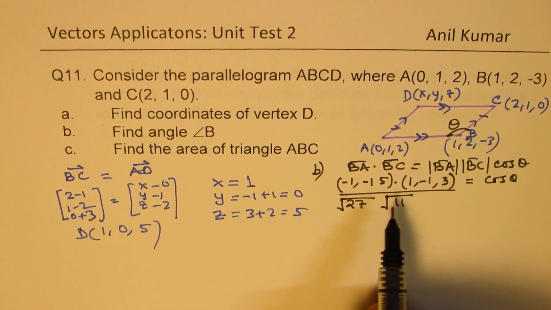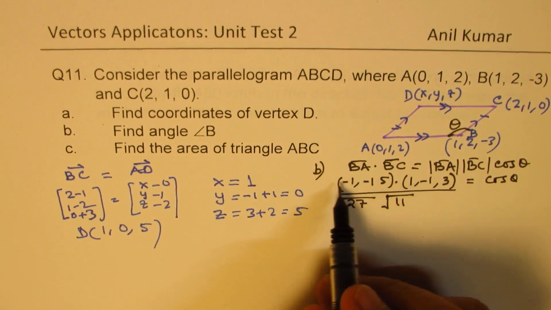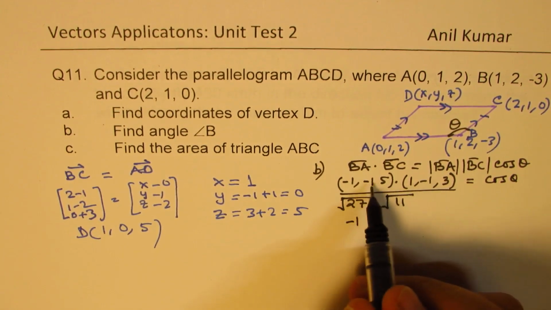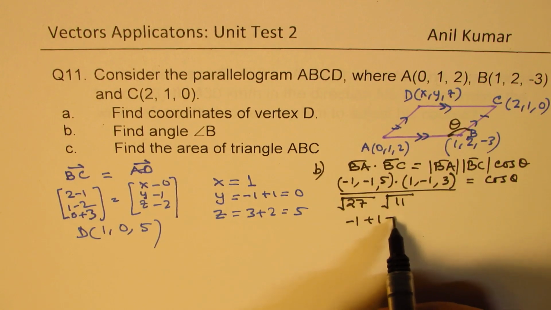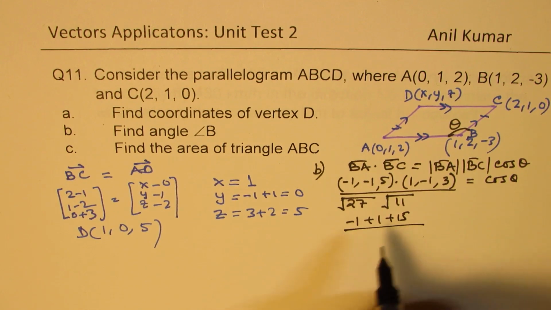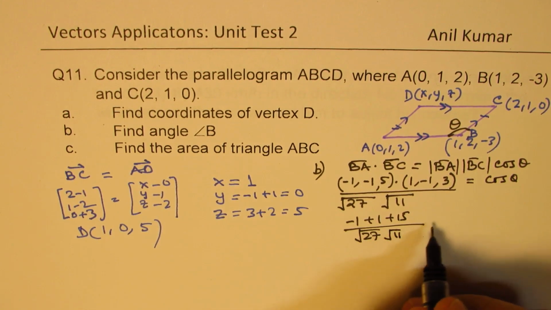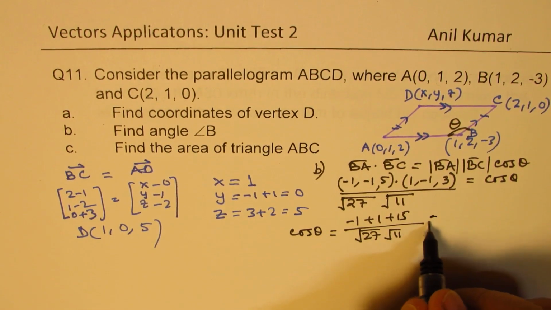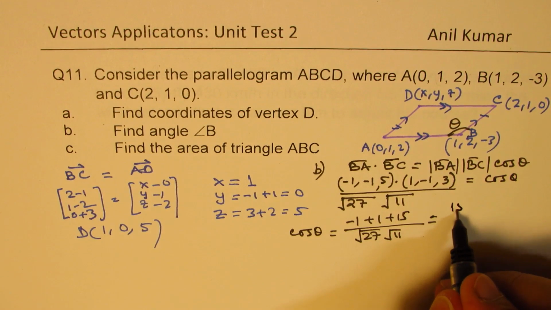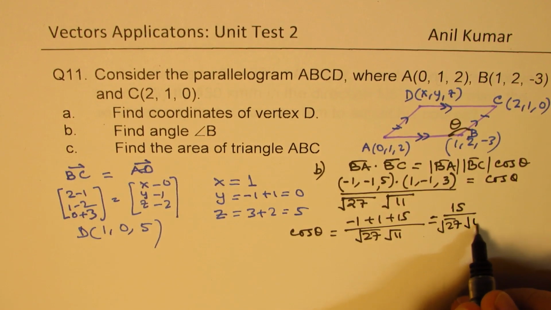Let's find the dot product. 1 times 1 is 1, minus 1 times minus 1 is plus 1, and this is 15 over square root of 27 times square root of 11. So this is our cos theta, which is 15 over square root of 27 times square root of 11.